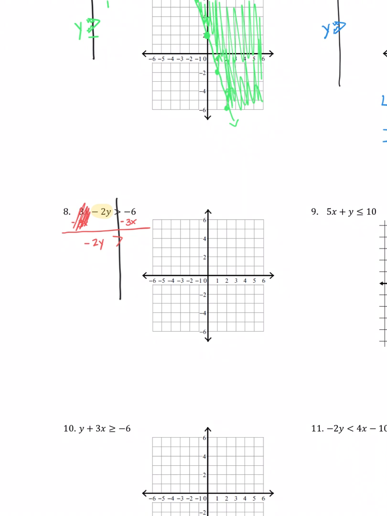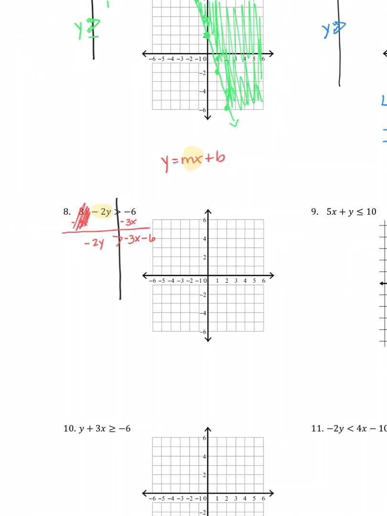And remember, when it's y equals mx plus b, whatever is your x has to come first. Because that negative 3 is my x, that's going to come first. So I'm going to write that negative 3x, and then I'm just going to plop on that negative 6.